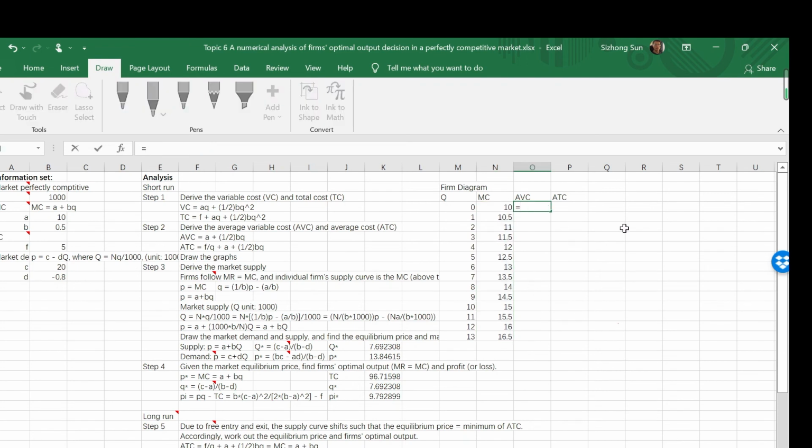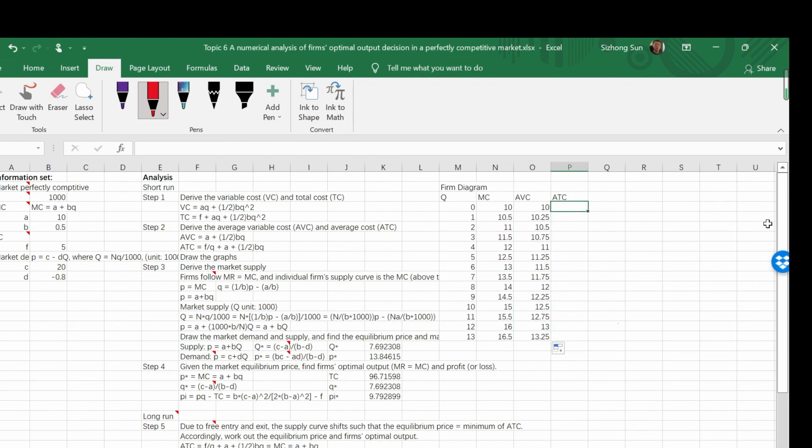For average variable cost, we know that is A, which is B5, plus 1/2 BQ, B, which is B6, times N4. So it's 10, and do it for all the other levels.